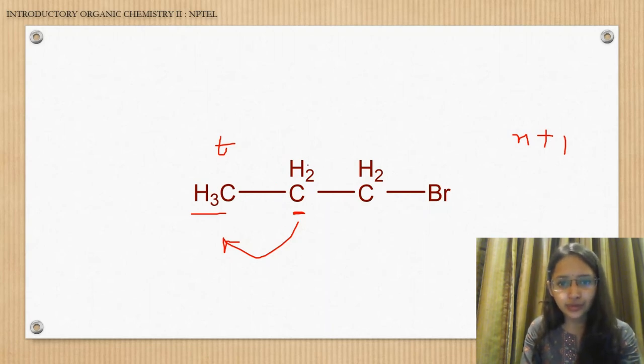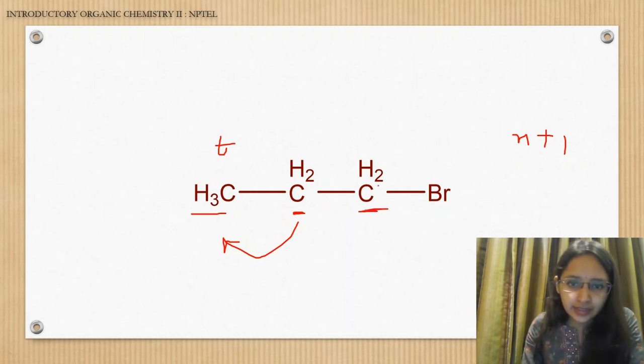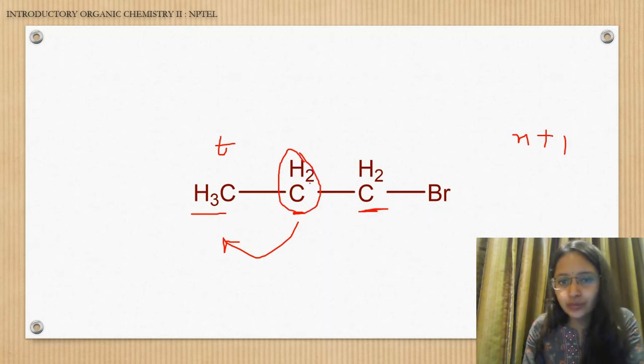Okay. If we talk about this CH2, it is surrounded by these two protons, and these two protons will split the signal for this proton. If we mark them as A, B, C, then it would be good. So this is A, this is B, and this is C.